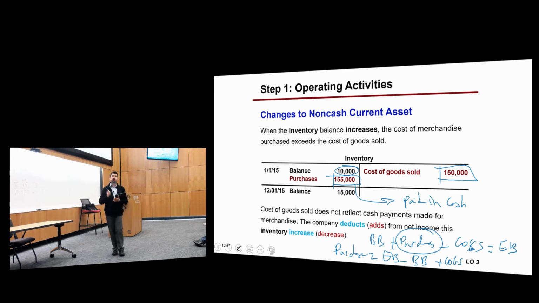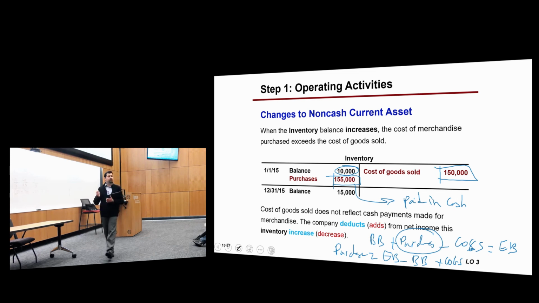Okay? So in this case, we had an increase in inventory. So what do you do? You have an increase in inventory, you subtract it. That means you sold less than you actually purchased. You recognize cost of goods sold for inventory less than the actual cost of inventory that you paid in cash.